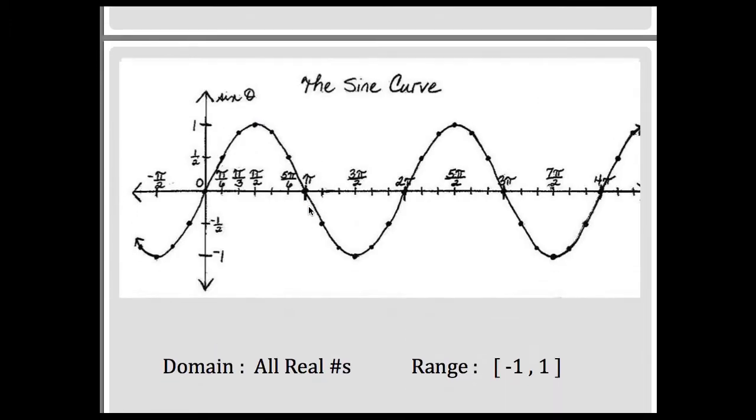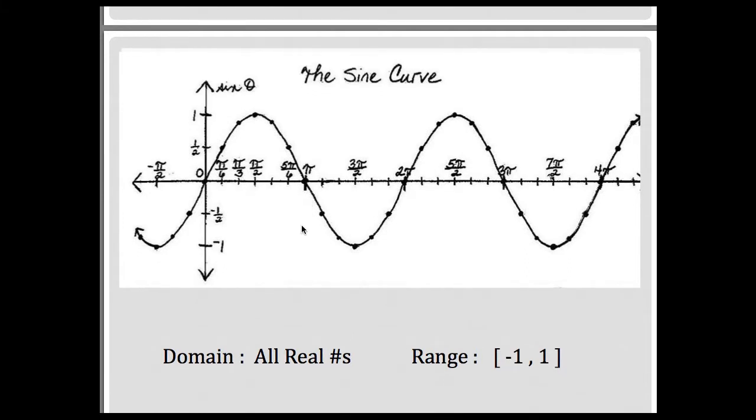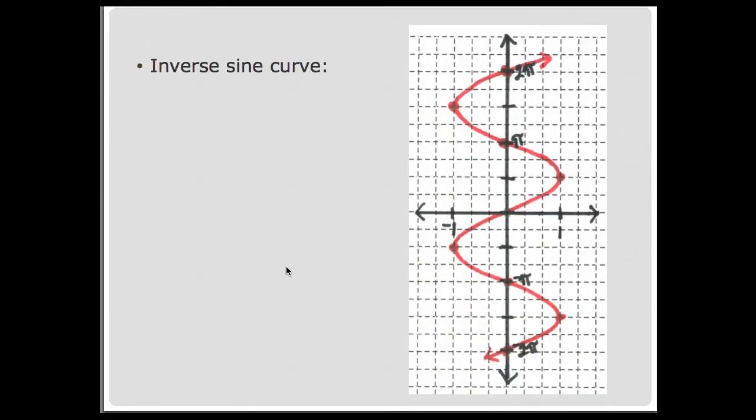If we were to take this sine curve and create from it the inverse graph, what we would do is take every single one of these points you see, flip-flop the x's and y's, redraw it, and what we come up with is this. All right, now notice a few things about this. Notice now on the x-axis you have those values in between -1 and 1.